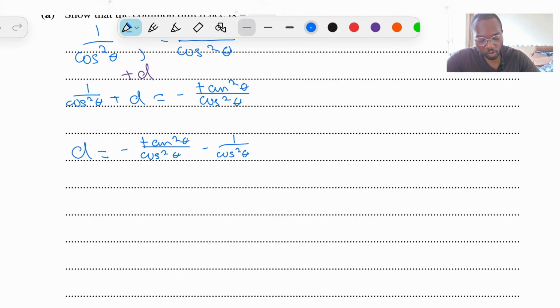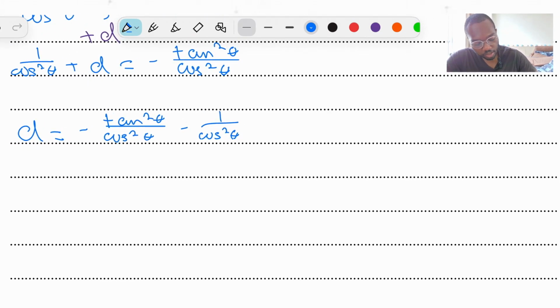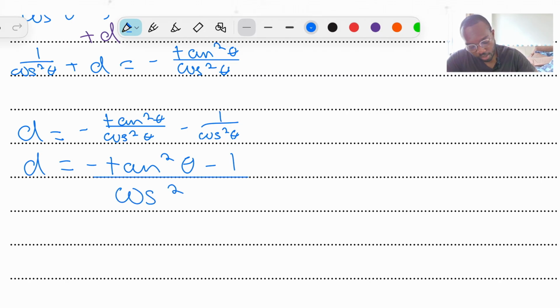Now we can put this all over one single fraction, because they both have the denominator of cos squared theta. Therefore, we get d is equal to a minus tan squared theta minus 1, and that's all over a cos squared theta.